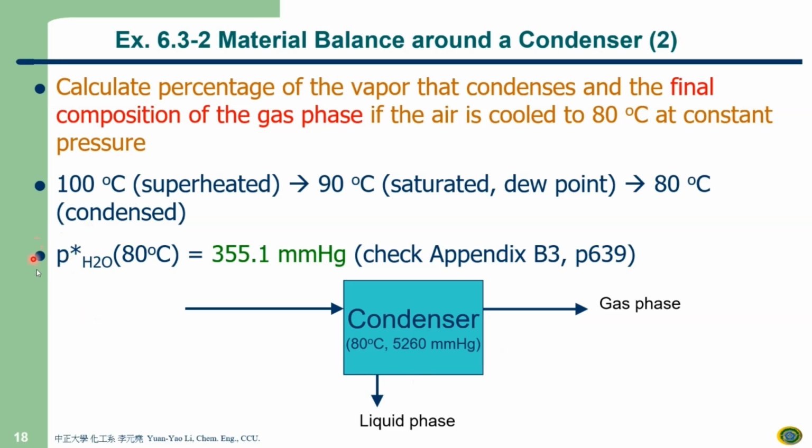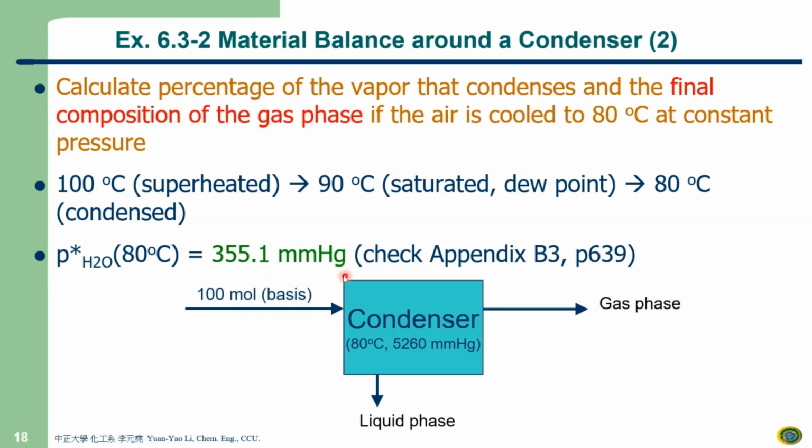And you need to find out the vapor pressure of the water, H2O, at 80 Celsius, which is 355.1. Again, you check the table I showed you on the previous page. So you realize this is 355.1 millimeter mercury. So you write it down here.